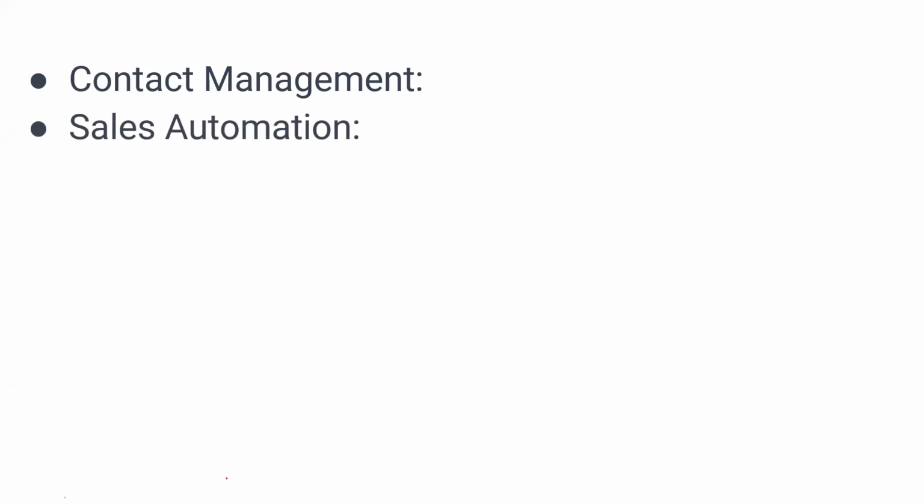Then sales automation. Sales automation is like someone being interested. You have to provide a way in your application or software so that when someone clicks on the buy option, it takes them to your sales representative directly.